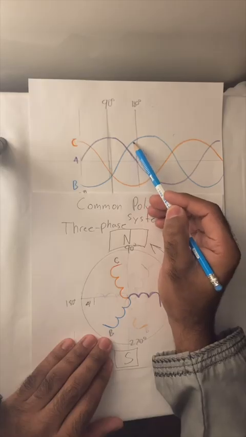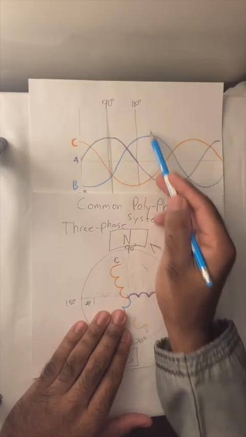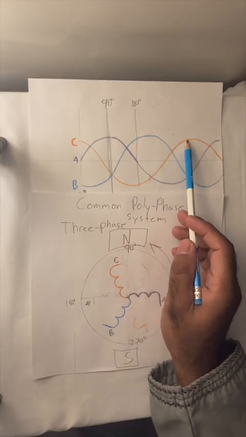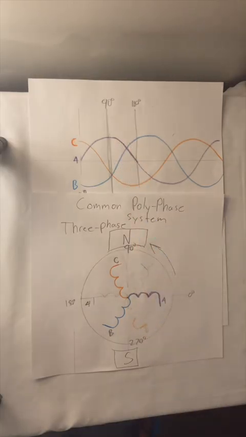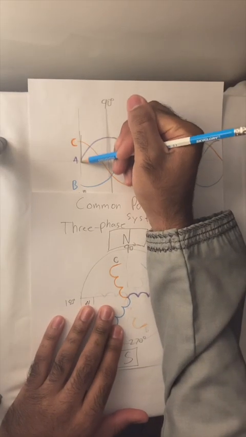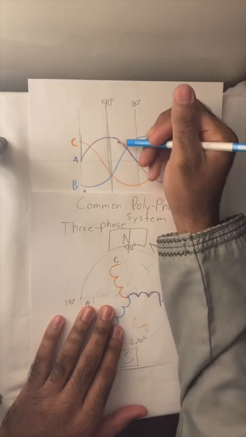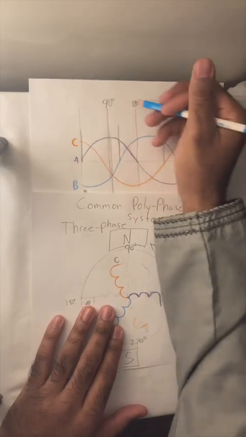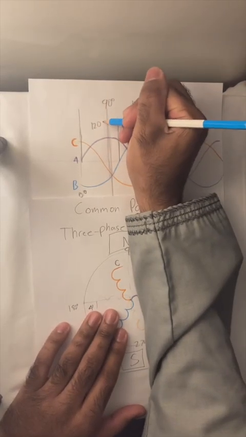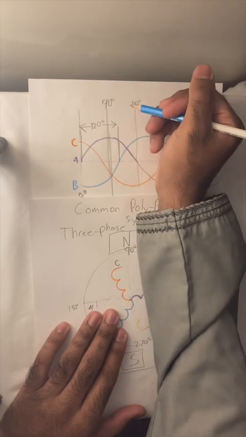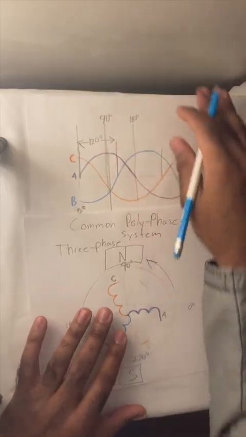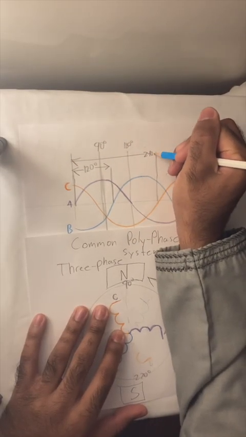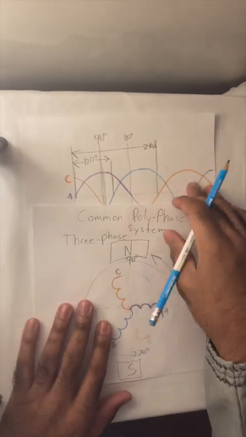As we can see, it reaches its maximum 120 degrees later from A. C reaches its maximum 120 degrees after B, or 240 degrees after A. That is, A, B, and C. B is displaced from A, 120, and C is displaced from A, 240 degrees.